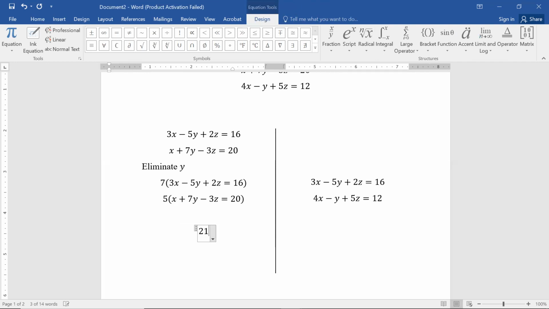Multiplying through gives me 21x minus 35y plus 14z is equal to, I've got to pull out my calculator to do this. So 70 plus 42, 112.